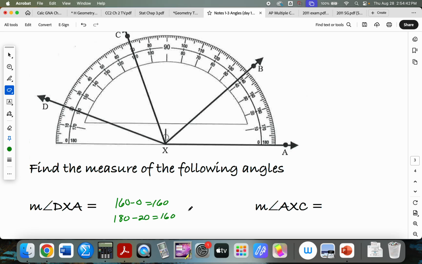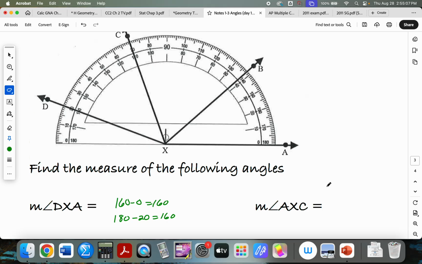It doesn't matter which way you do it, you get the same answer. Please make sure you're always doing the bigger number minus the smaller one. In this class, angles never have negative measure. Again, when you get to pre-cal, there are angles that do have negative measure. Just so you have things to look forward to.